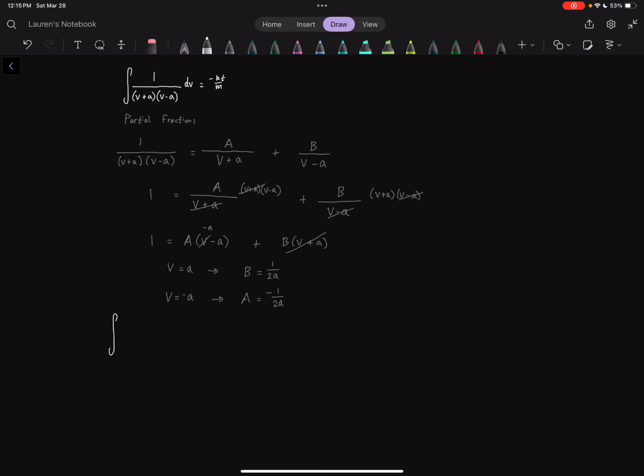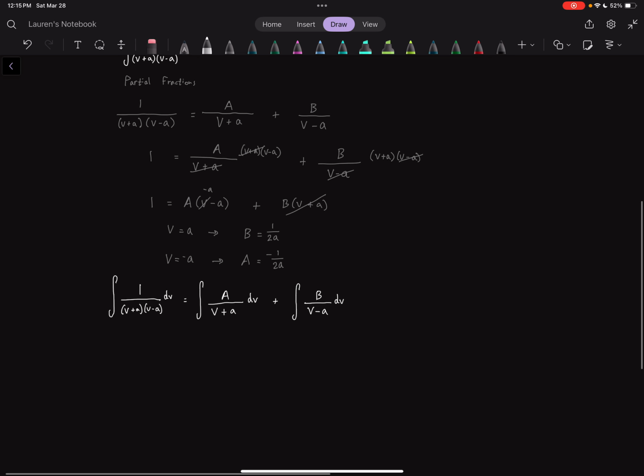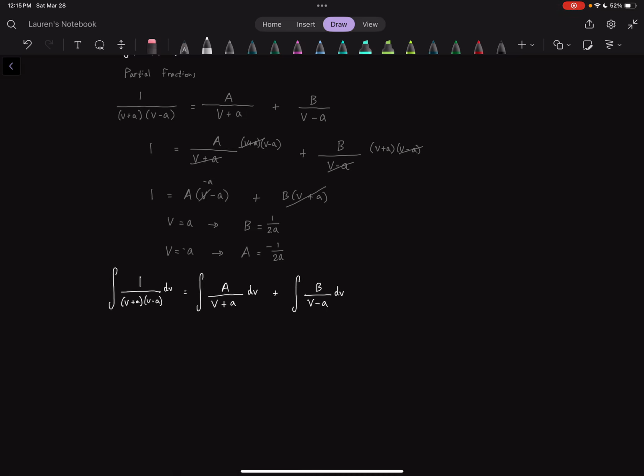So we have the integral of 1 over (v plus a)(v minus a) dv, and that can be split up into the sum of two integrals: the integral of A over v plus a dv plus the integral of B over v minus a dv. And now we have the values for A and B.